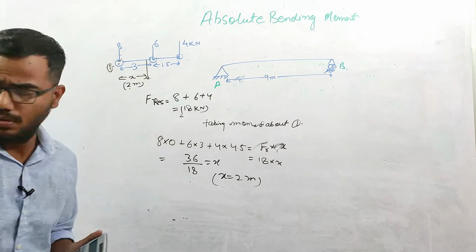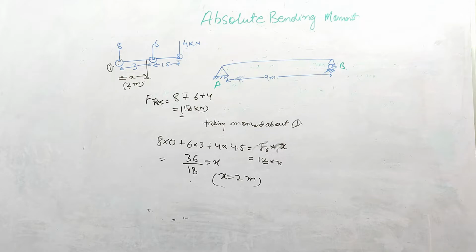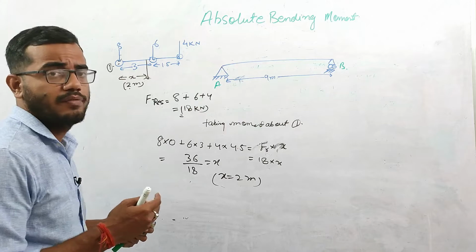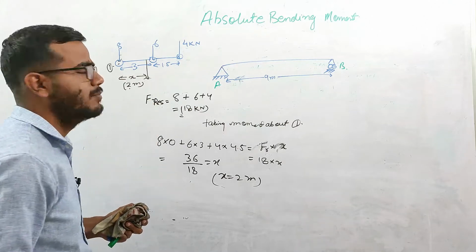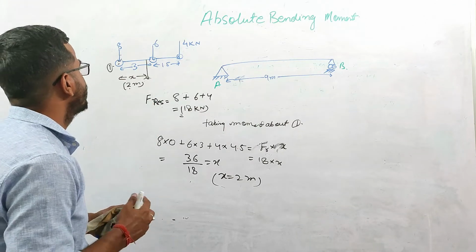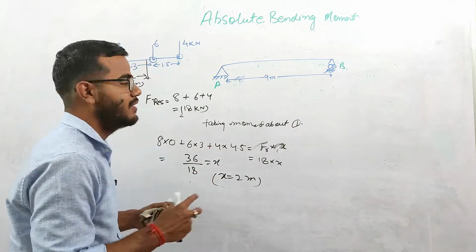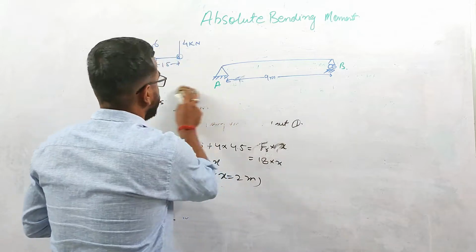Now in the second part we'll assume under which load the maximum moment will come, since we don't know. So first I'm assuming that the maximum bending moment is coming under the 6 kilonewton load.